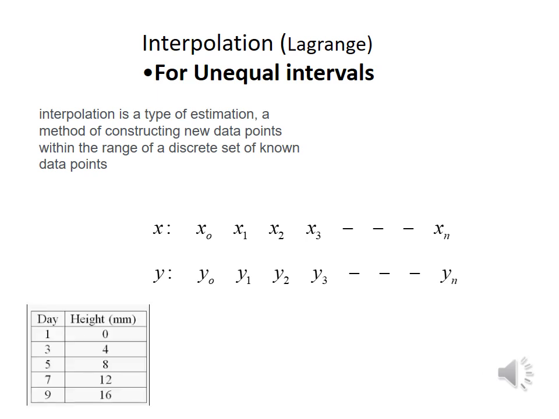So consider the situation where we are measuring the height of a plant on day 1, 3, 5, 7 and 9. Suppose that we need to find the height of that plant approximately on day 2. In that case we use interpolation. On day 2 we didn't take the reading, but we can interpolate the result to find the value at day 2.